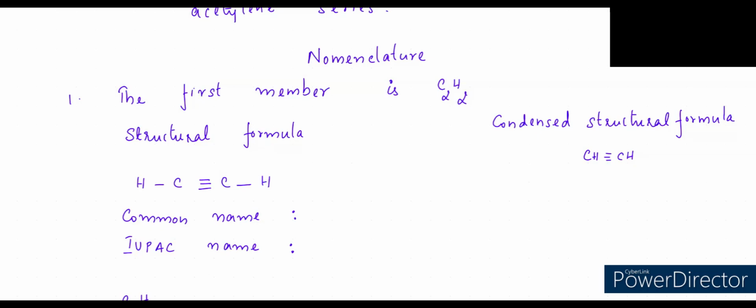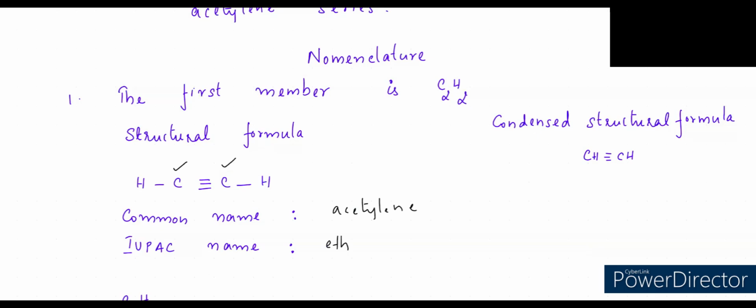For this compound, you need to learn the common name, which is acetylene. Common name is acetylene, and now the IUPAC name of this compound. Look here, you have two carbons. So the root word will be eth. There is a triple bond between the two carbons.